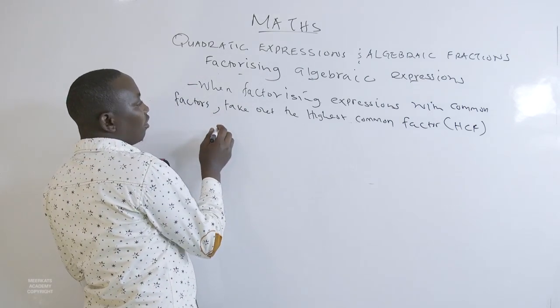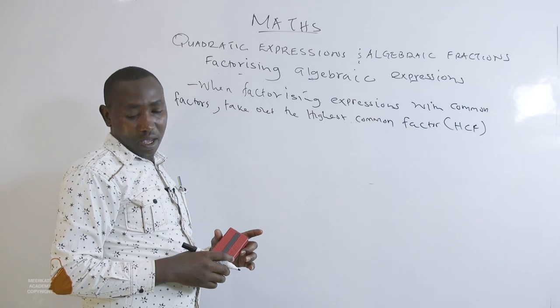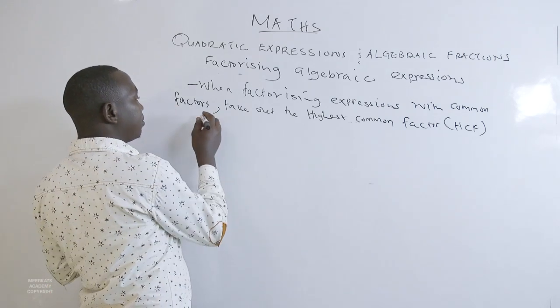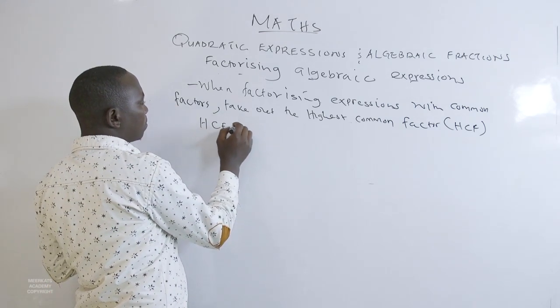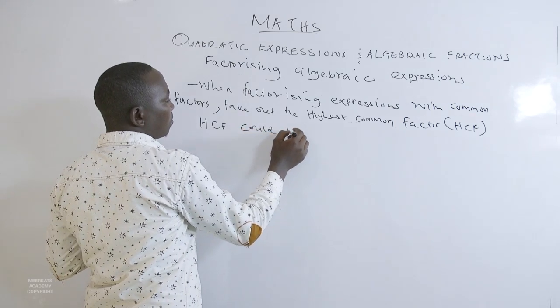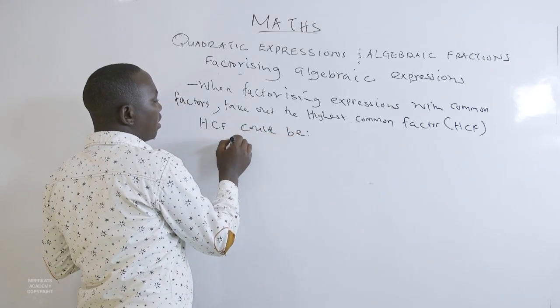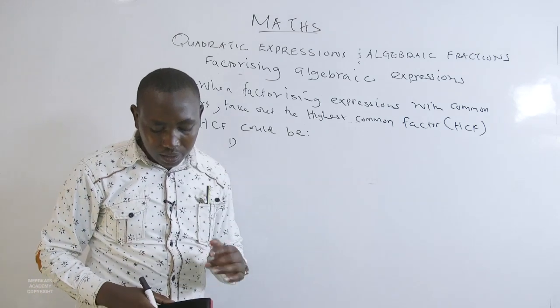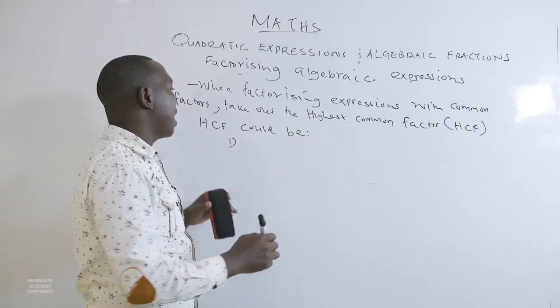And this HCF could be of three natures. So there are three possibilities for the HCF. One, it can be a number.